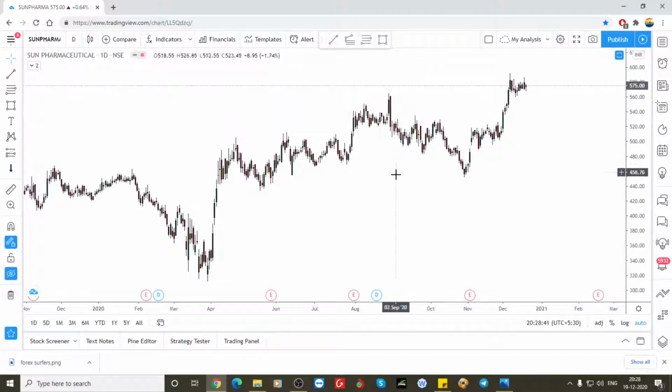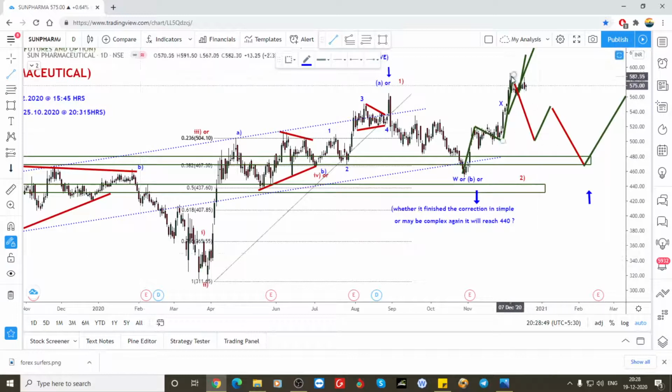Or if it is an ABC, everybody is looking for the fifth wave, and what it will do, it can do like this. So trading here, I'm not sure about this, because if it is a B, C is a B, C is a 5-wave structure.